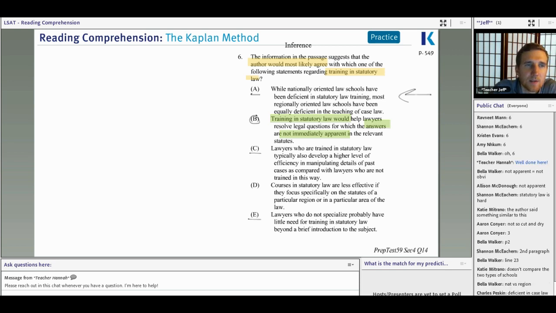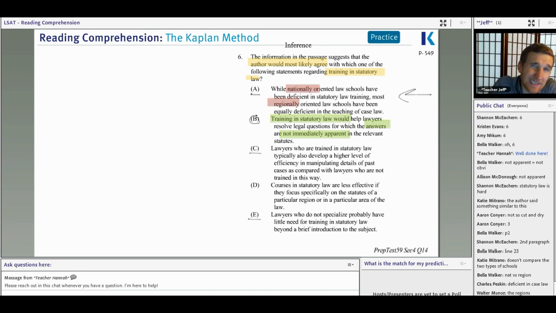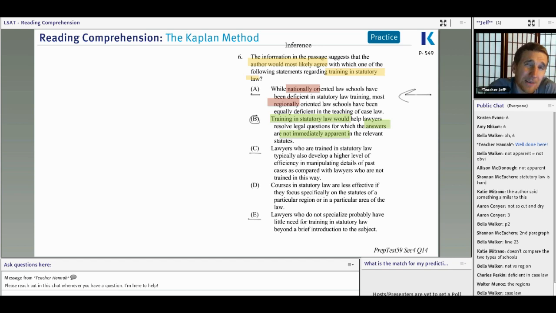One, it's a comparison between national versus regional, which didn't really take place. I mean, sure, in the last paragraph, we talked about national and the various statutes are located by region, but this sort of comparison between national and region didn't happen, especially not in comparison to equally deficient in the teaching of case law. We never said that a school wasn't teaching enough case law.